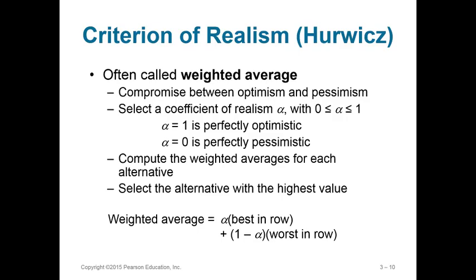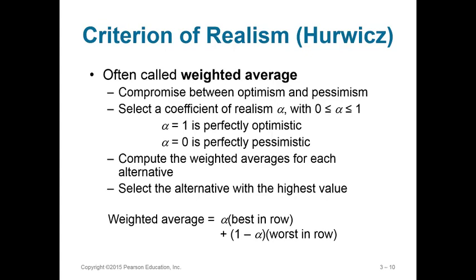And if you're perfectly optimistic, you'd have a 1 weight for the alpha. So if you were an optimist, you would put all of the possibilities on the favorable. And if you're pessimistic, you'd put all of the options on the unfavorable.